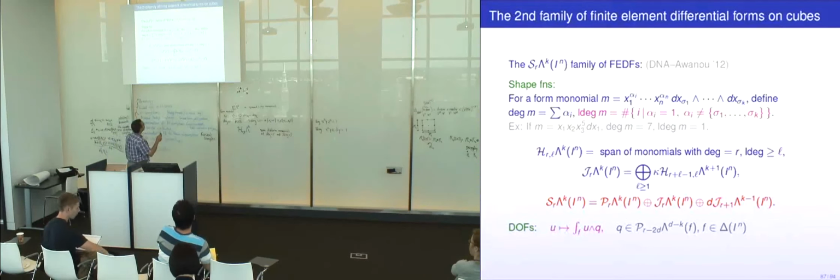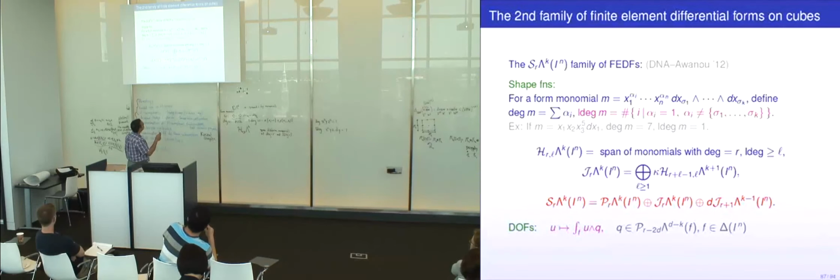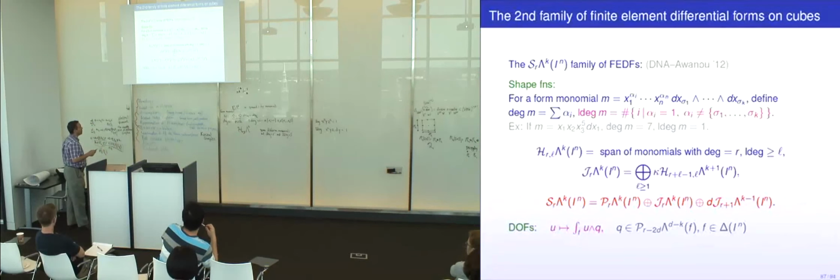And so if you take r plus L minus 1, and L is at least 1, this is a homogeneous polynomial of degree r or more, k plus 1 form. And you hit it with the Koszul operator kappa, so it's a degree r plus 1 or more k-form. So this is certain homogeneous polynomial of degree r plus 1 k-forms, and when we add them to P r lambda k, we get additional stuff. So it's just like for the P r minus spaces, we take a P r space and add some extra Koszuls. We're going to add these ones.